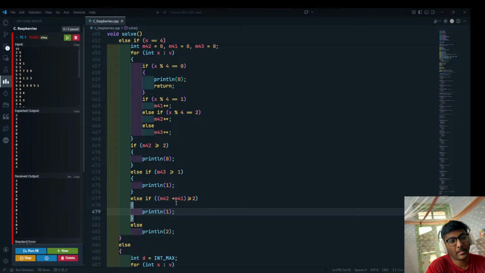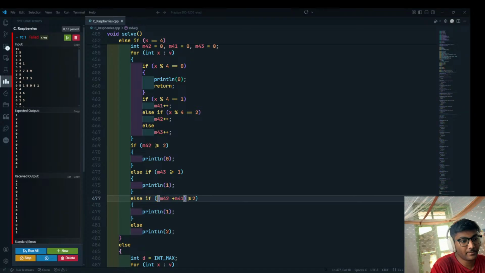No, no, no, I cannot have that. I have to say if, else if, I have to go inside. For M4 1 greater than or equal to 1, and M4 2 is also greater than, then only I do.